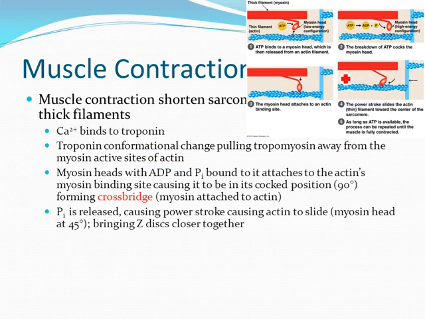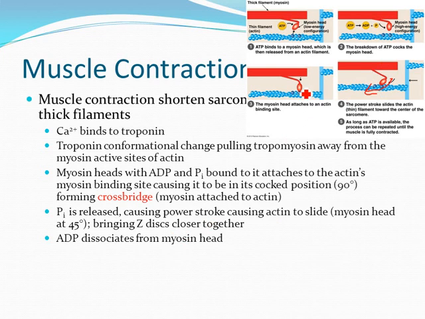When the inorganic phosphate is released, it's going to cause this power stroke. This is going to end up causing this to move. That's going to pull the sarcomere to become shorter, so it's going to cause it to slide.